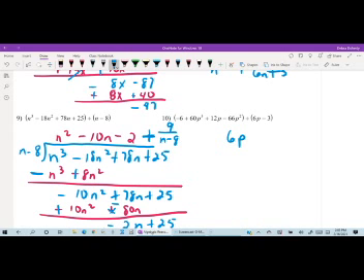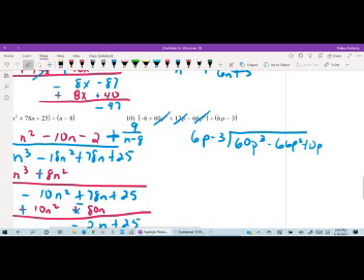Okay. Last one, 6p minus 3. And this one is not in standard form, so we're going to divide out 60p cubed minus 66p squared, then we're going to take and add plus 12p, and then subtract 6. And again, that has a greatest common factor all the way through of 3.